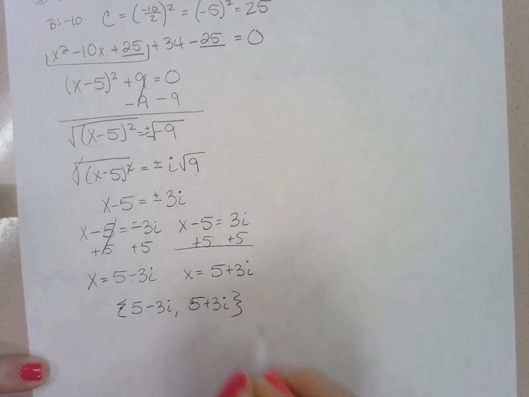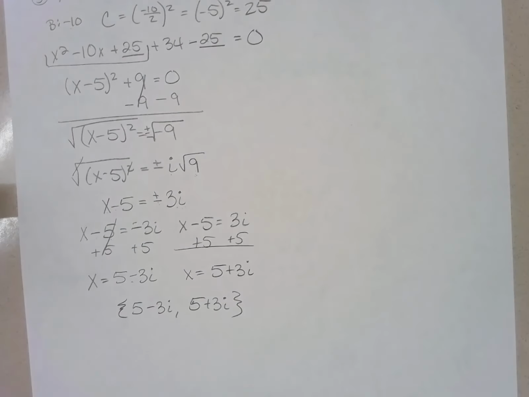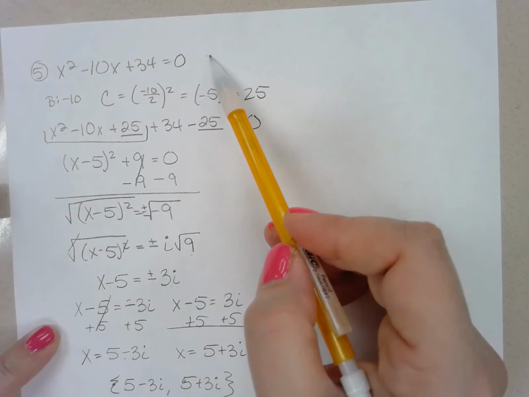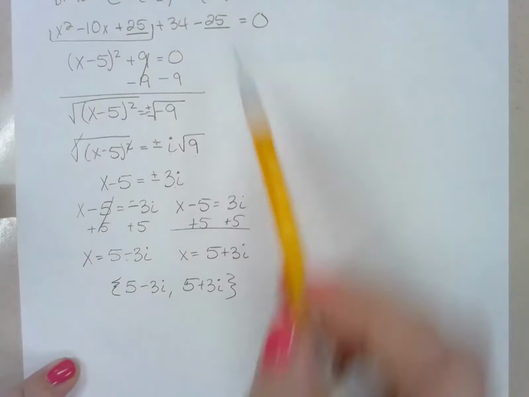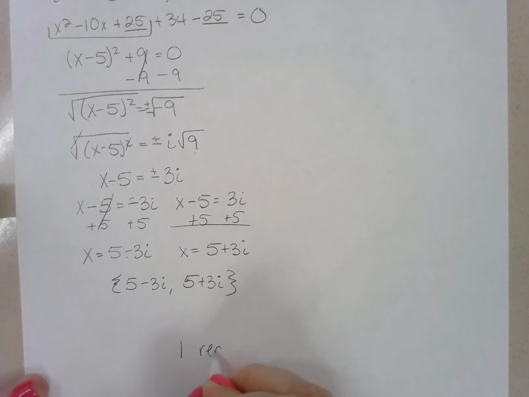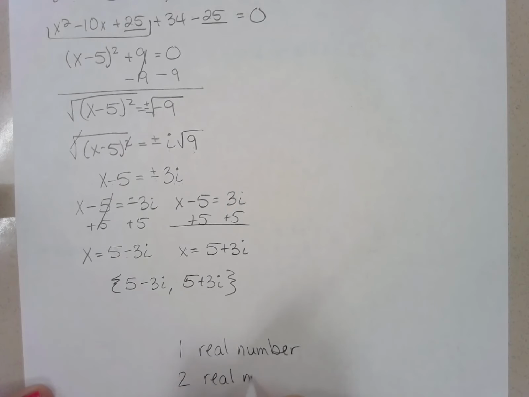So you still get two answers, but if you were to graph it, you would see that this does not touch the x-axis anywhere. These are the imaginary numbers that are our x-intercepts. So you could have one real number when you're solving quadratics, two real numbers, or two non-real numbers.